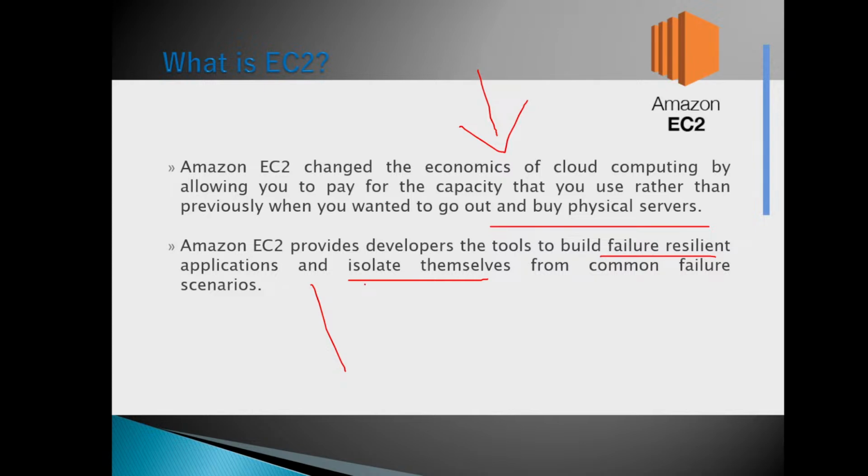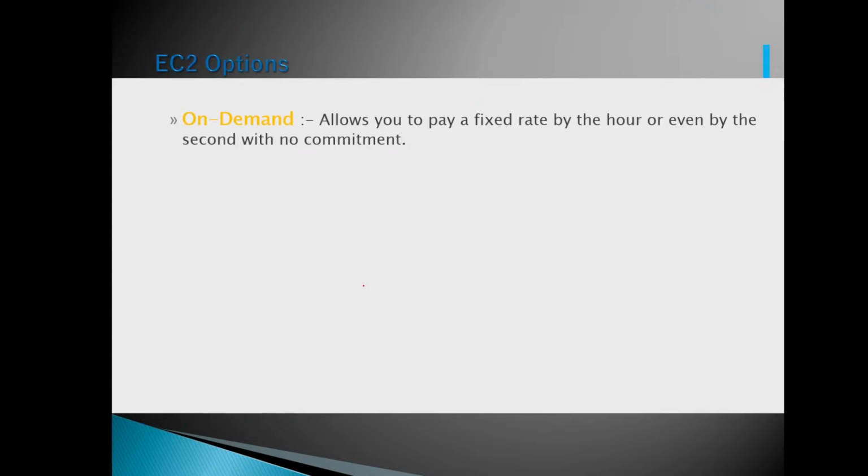So there are so many applications you can create on EC2. EC2 is a core component of cloud. In Amazon, EC2 is one of the important components because EC2 is the only thing which gives you the computer. That's what we require. We require computers on rent. EC2 is the core component in cloud.